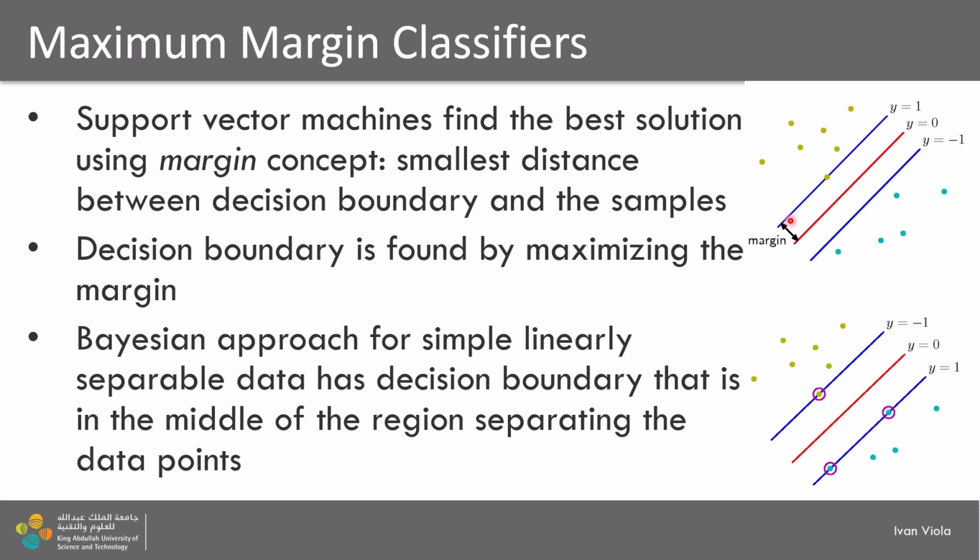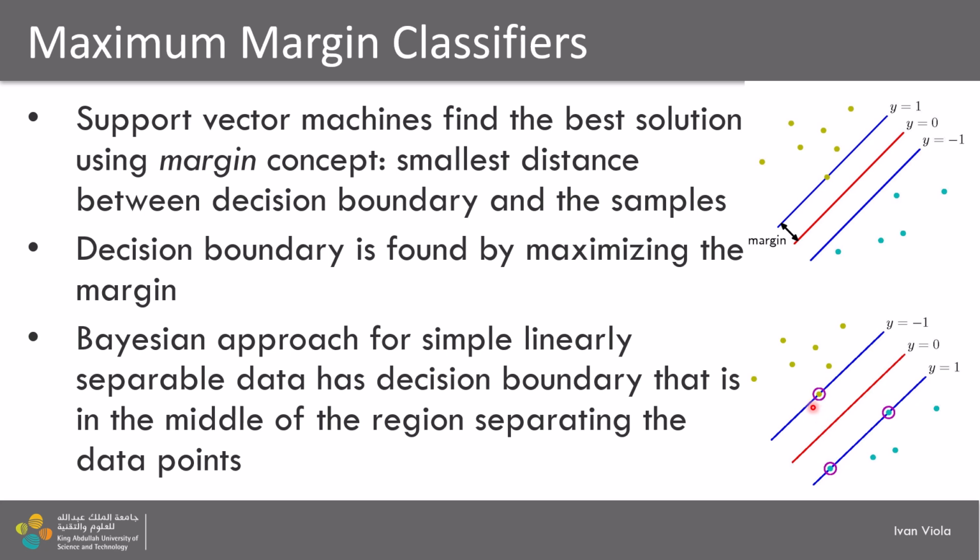So therefore, what should be done? Well, maybe we can move this red line a little bit in this direction, but then this other point will have a smaller margin. So this needs to be done in such a way that we find a set of a few points which define the largest possible margin.